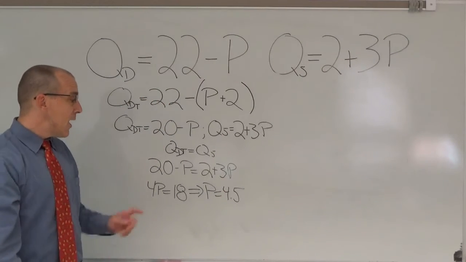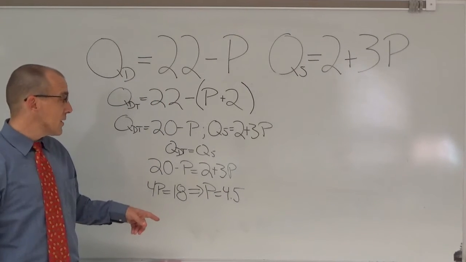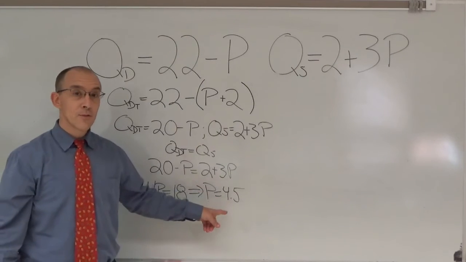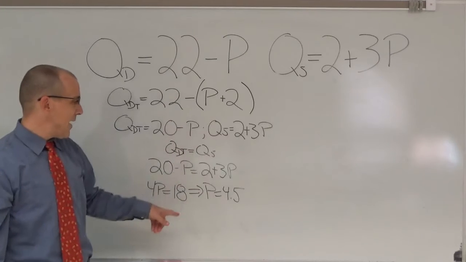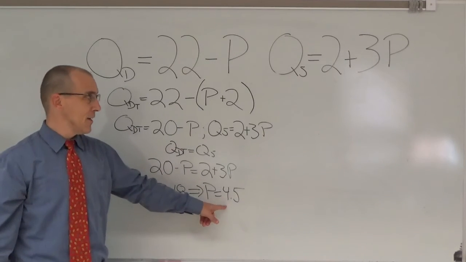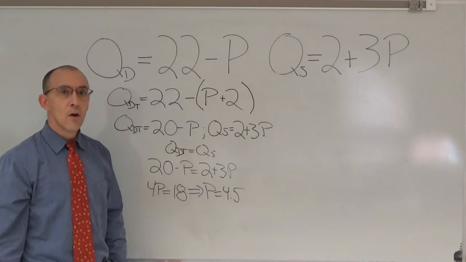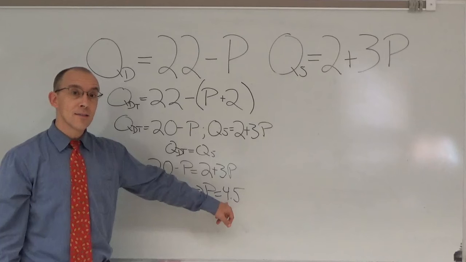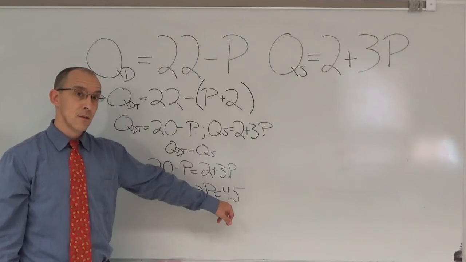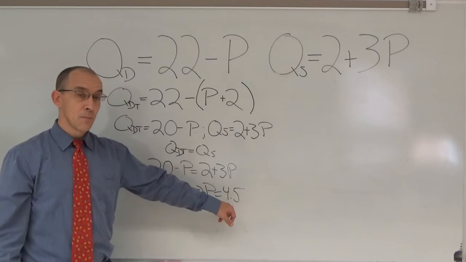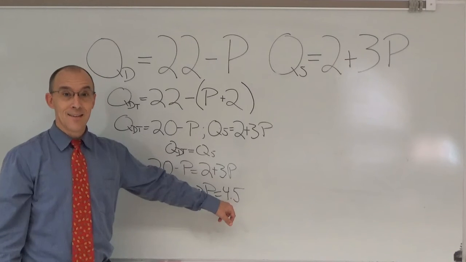Now, this is a strange situation because if you remember from the previous situation, the equilibrium price was 5. Under this tax, my new equilibrium price is 4.5. It's lower than the original price, which seems strange. But the reality is that this price represents what the seller, the supplier to the market, is being paid.